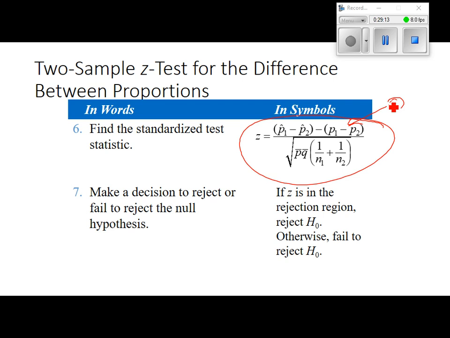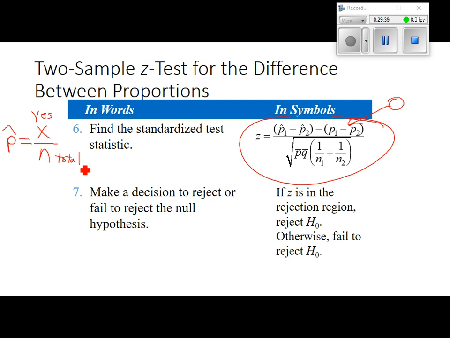Remember that P hat equals X over N. So if you don't know what P hat is, you can find it by taking the yeses over the total. And that's for P hat 1 or P hat 2.